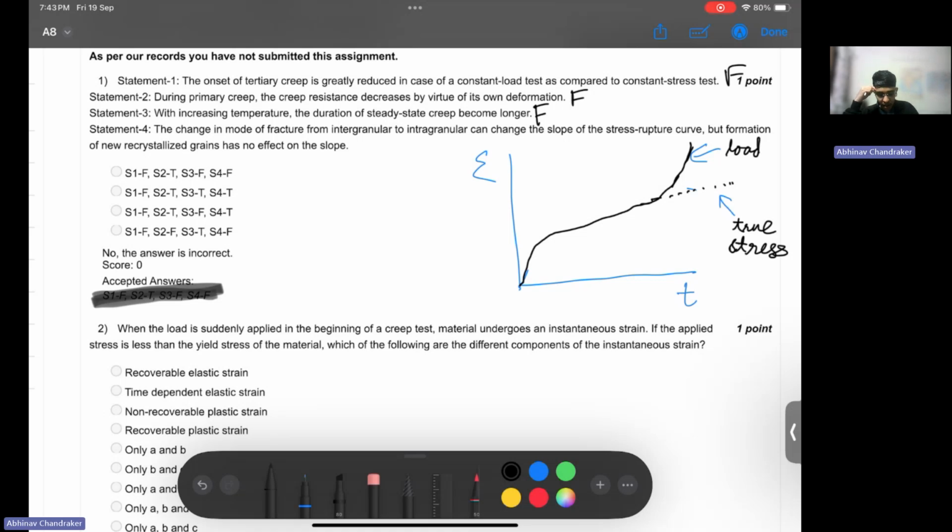Fracture changing from intergranular to intragranular will have some effect. Maybe it will rupture faster for one of them, but new recrystallized grains will also have some effect. Maybe that can increase or reduce the tendency to fracture, but this is false. All are false, right?